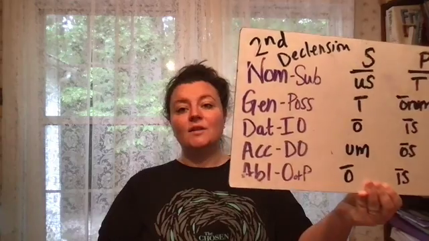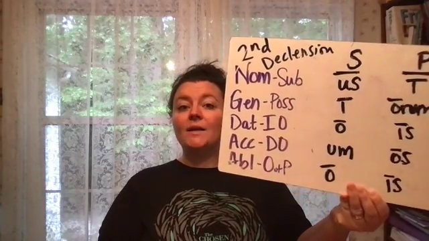Victoria Christianorum. Victoria, nominative singular. Okay, because we look at our first declension chart, there's no A in the plural column at all. It's nominative singular. And Christianorum, we look at our second declension chart.